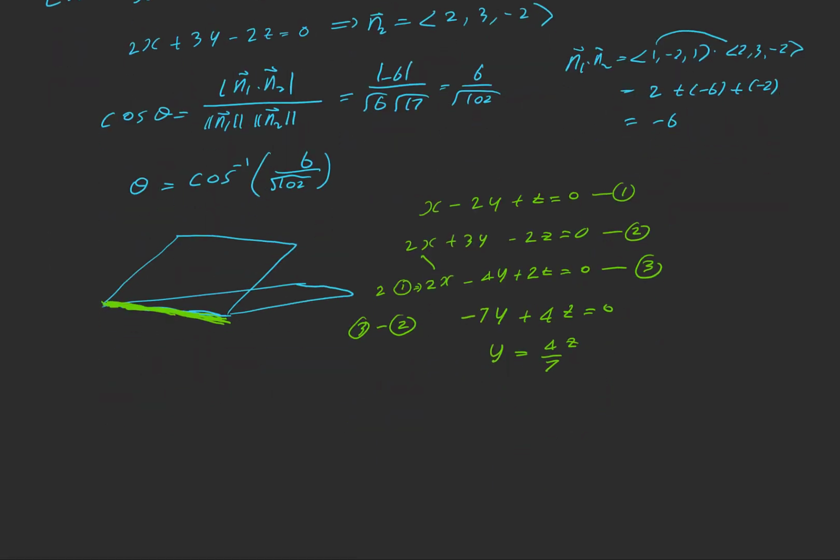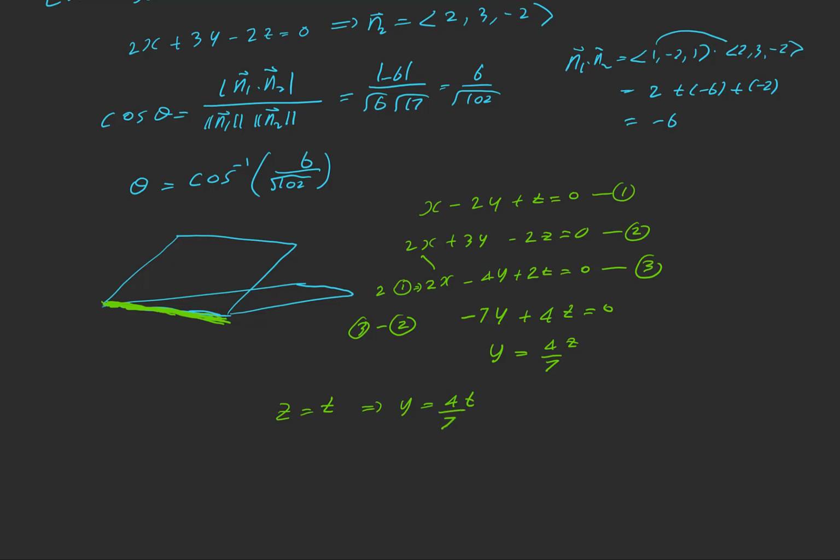Then we know y in terms of z. So I use z equals t, then y equals 4t over 7.